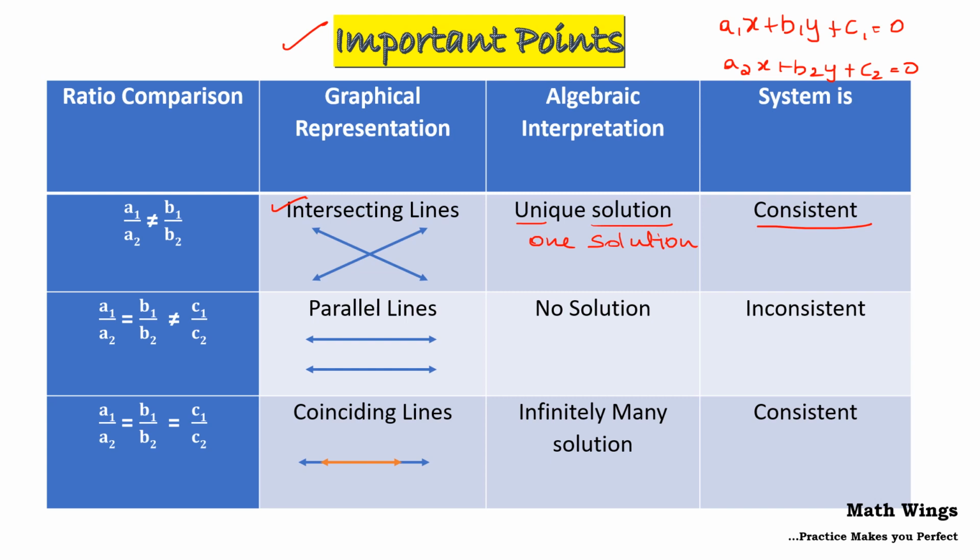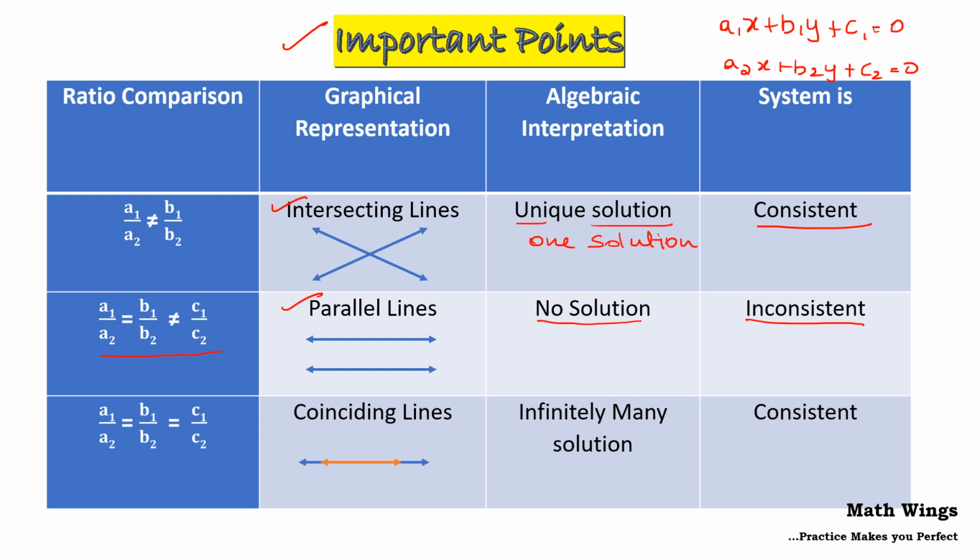Next, we have a1 by a2 equal to b1 by b2, but not equal to the ratio of the constants, c1 by c2. Then we get parallel lines when we solve the equations graphically, and these two equations will not have any solution, and the system is inconsistent, right?